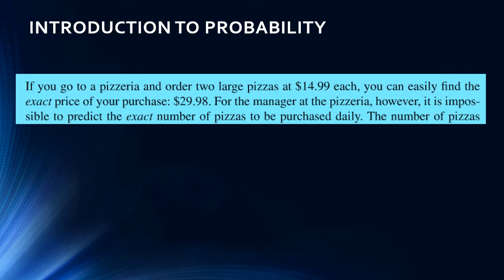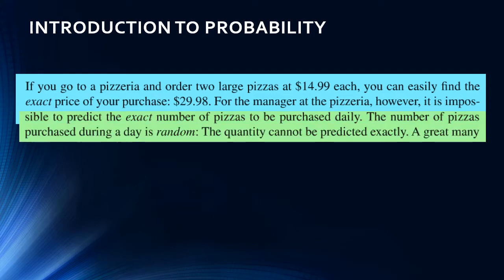So if you go to a pizzeria and order 2 large pizzas at $14.99 each, you can easily find the exact price of your purchase, which is $29.98. For the manager at the pizzeria, however, it is impossible to predict the exact number of pizzas to be purchased daily. The number of pizzas purchased during a day is random.